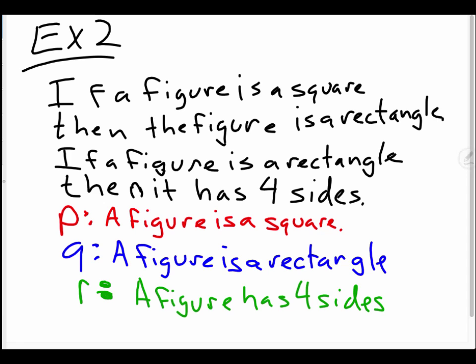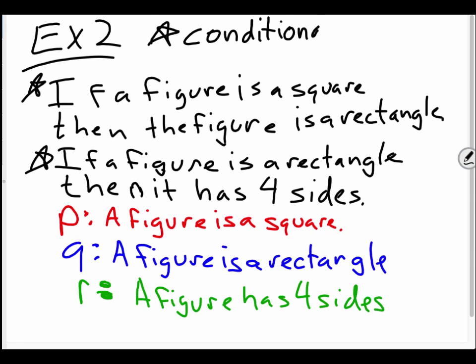Okay. So now there's a couple of assumptions that we have to make. First of all, both of those are conditional. They're not biconditional, they're conditional statements. Alright? So, right here, I have P. A figure is a square. True.